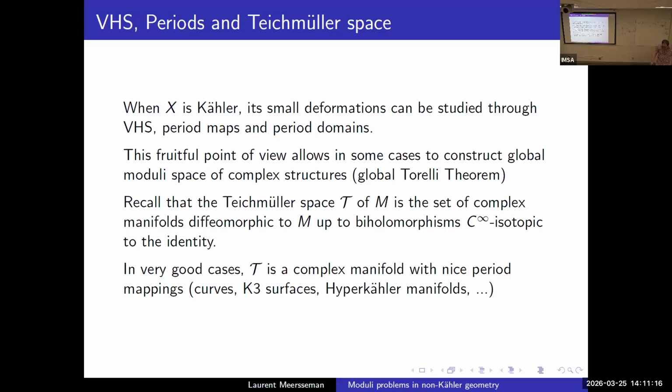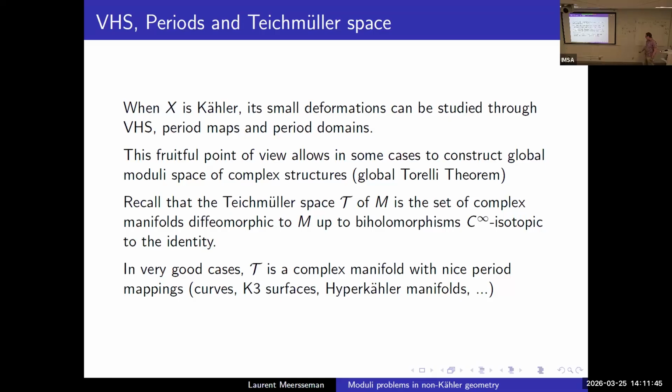So I am, of course, thinking of cases such as the case of curves, of K3 surfaces, where there are some problems of non-separatedness. Hyperkähler manifolds, I am thinking of the birational Teichmüller space of Verbitsky. So, they're very, very nice examples, and very rich.